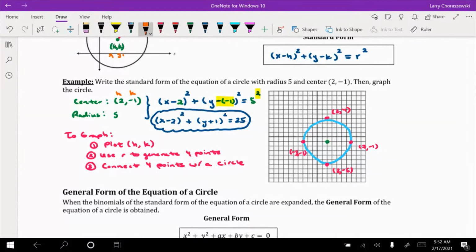You don't have to do this, but I like to sometimes, just for perspective, connect the center with one of these 4 points and just indicate that the radius helped us generate these points and had an r value of 5. And maybe while I'm at it, we'll put the coordinates of the center, which is at (2, -1).